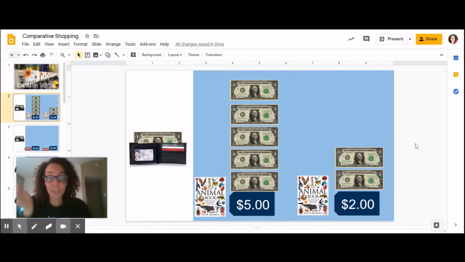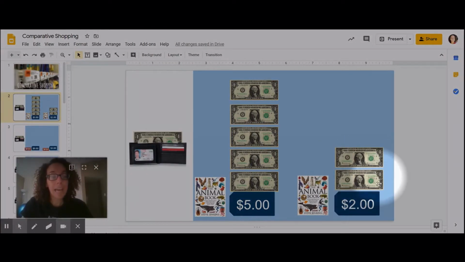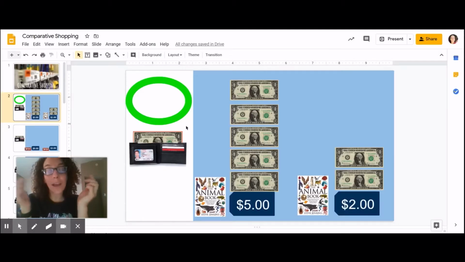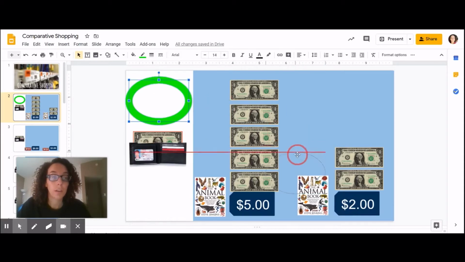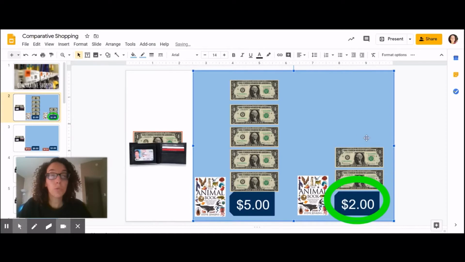That's right, $2 is less. It's a smaller amount of money. That's the one that we want to buy. So we're going to go ahead and put our big green circle around the one that's cheaper, the one that costs less. That's this one. $2 is less money. It's cheaper than $5.